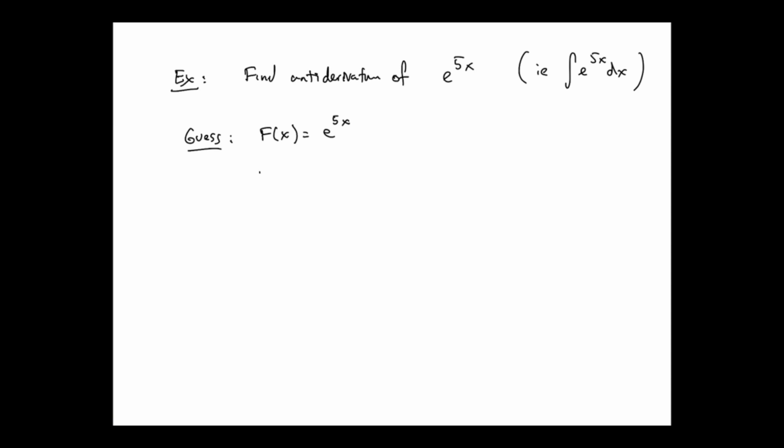Then the derivative of that would be 5e to the 5x, but it should be e to the 5x. Okay, so how do we fix it? How do we make 5e to the 5x turn into e to the 5x? Well, a factor of a fifth would do it, right?